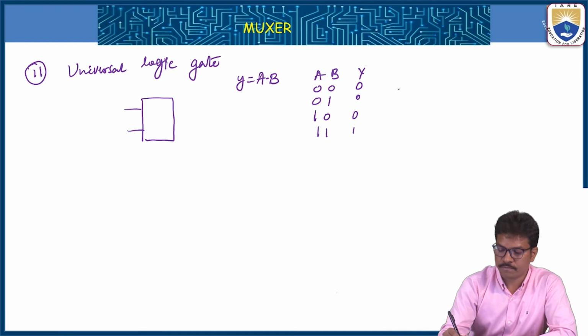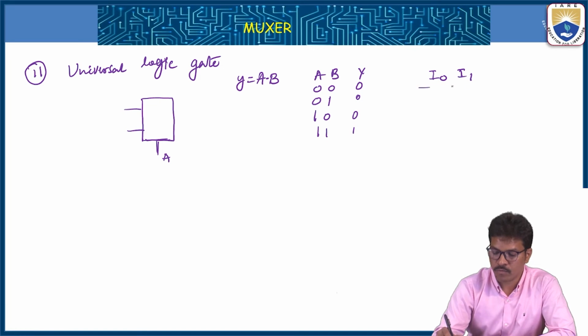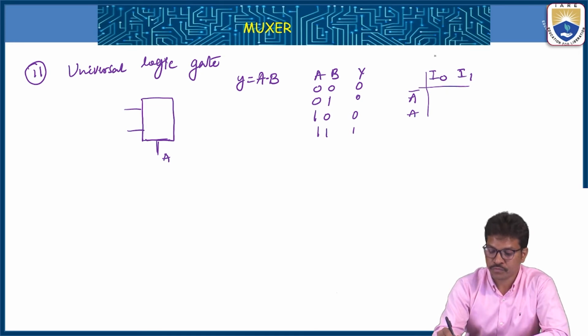So if you take this one, A is the select line. Which combination gives the logic one?